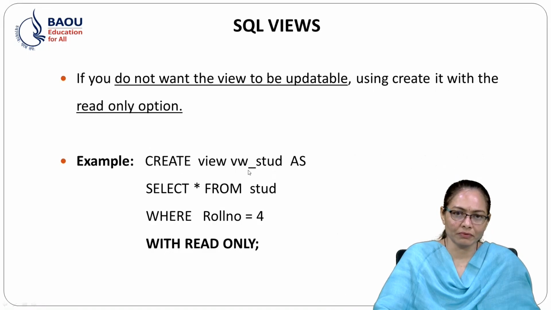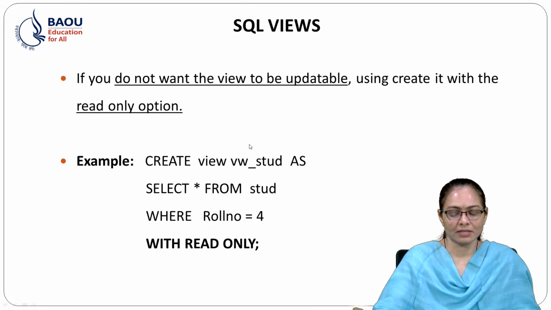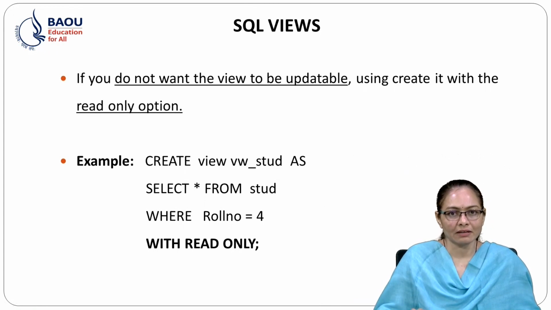This view contains all the data whose roll number is 4. But with the read only option, we cannot change the data in the view. We cannot change the records of this type of view. That's why it is created as a read only view.